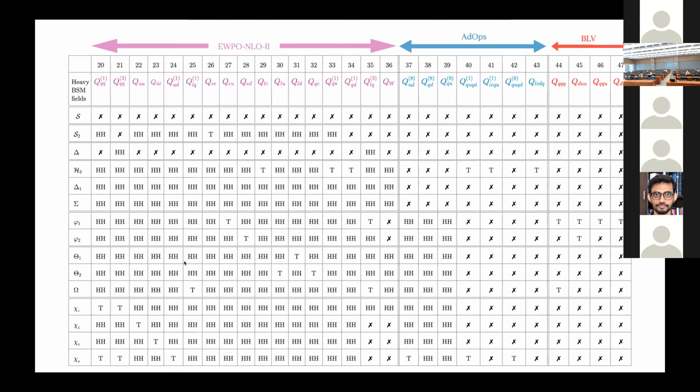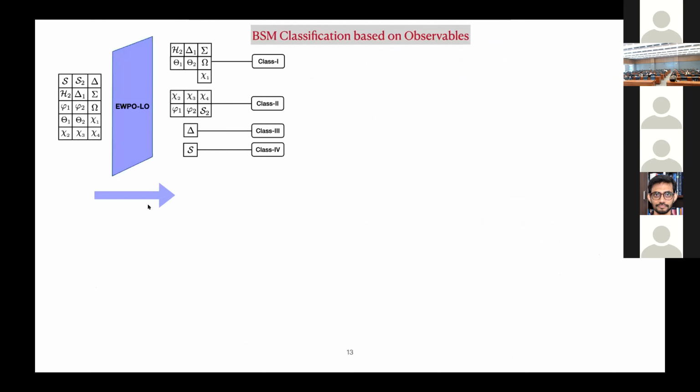Fine. Once we have this table, we know which operator sets correspond to different kinds of heavy fields. So from the EFT notion, one UV theory is represented by a set of operators, right? Now what we do is try to understand how these different observables, which we define as a response screen, treat those different kinds of models. If you consider the electroweak precision observable at leading order, that screen will have this kind of structure.